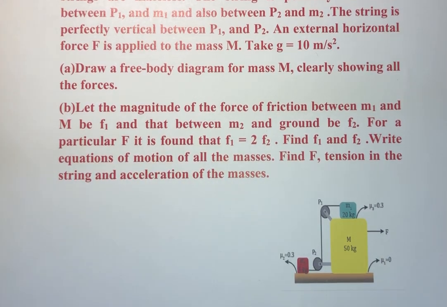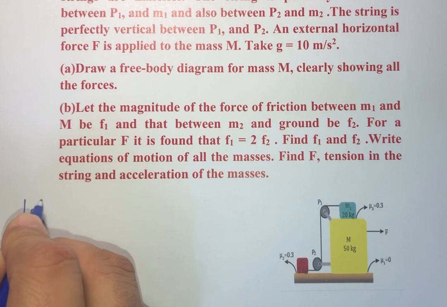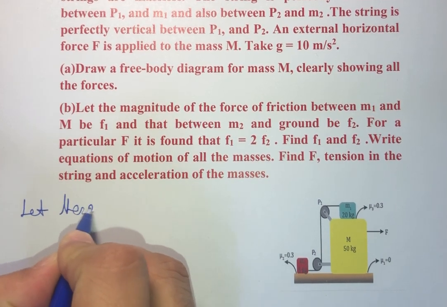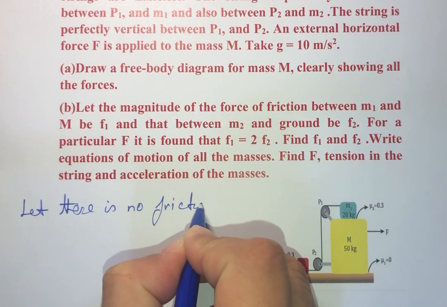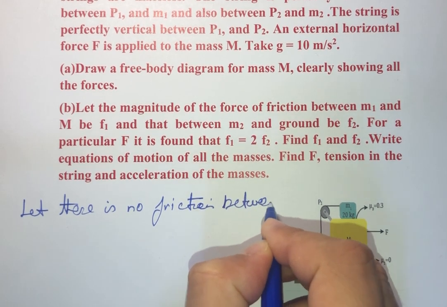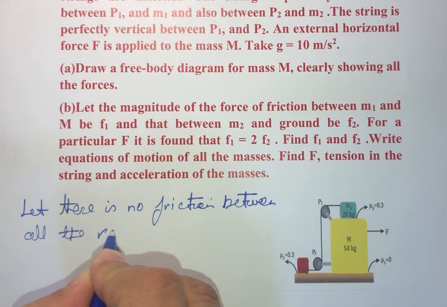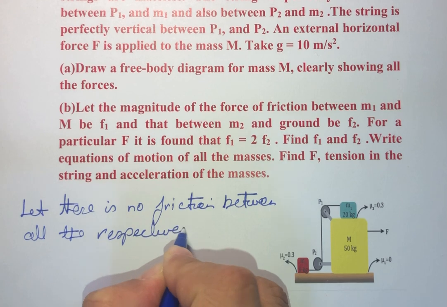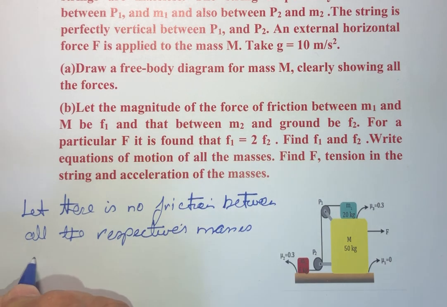In order to find out the acceleration, we assume that there is no friction between any of the bodies. So we say let there be no friction between all the respective masses and the ground.